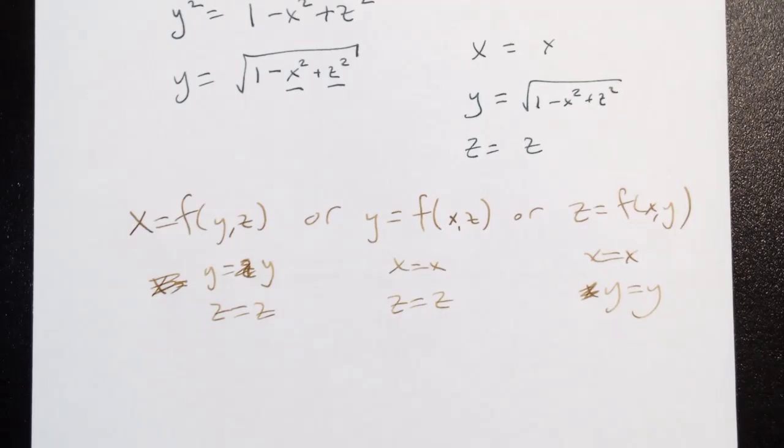I can't write that as a function, but I can still describe the whole surface. I can't write a sphere as a function of x and y, but I can write it as a function of theta and phi. I can use functions instead, as long as I rearrange them to be parametric.